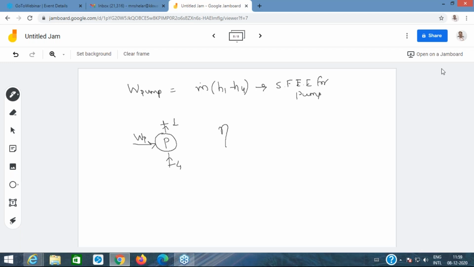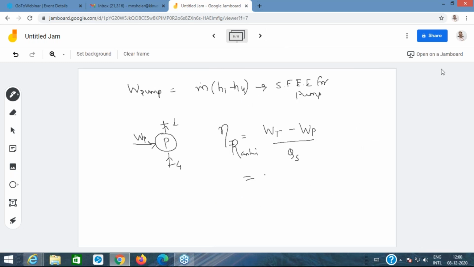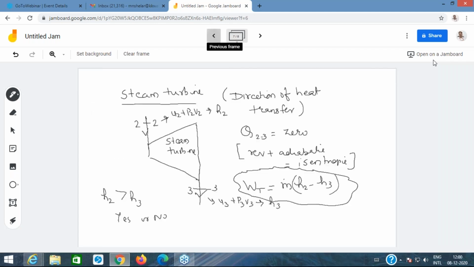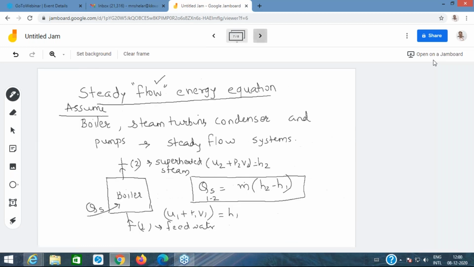Now, what would the Rankine cycle efficiency be? Turbine work minus pump work upon heat supplied. We have the expression for turbine work, m dot into H2 minus H3, minus pump work, m dot into H1 minus H4, upon the heat supplied, which is m dot into H2 minus H1.